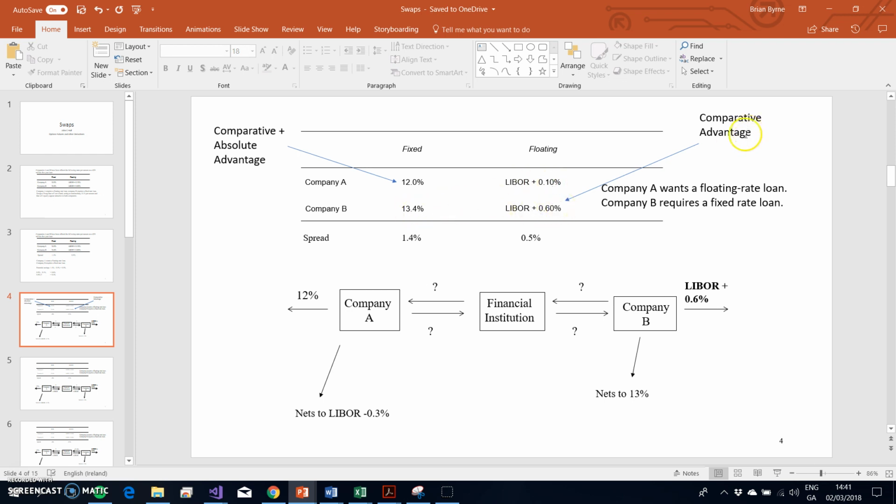But B has a comparative advantage in the floating rate. And again, what we might say is B should borrow where it has the keenest edge, where it has comparatively some advantage, and A should borrow where it has a comparative advantage. So that concept is useful.